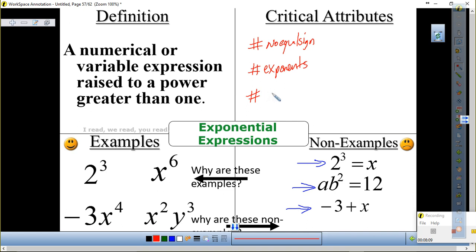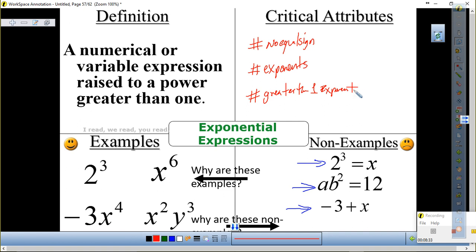Stephanie. Hashtag greater than 1. Greater than 1 what? What has to be greater than 1? Exponent. Okay. And then you have some other ones, but you keep those.